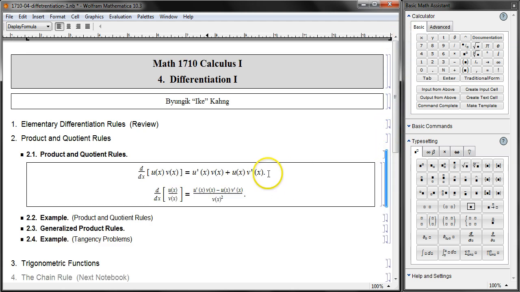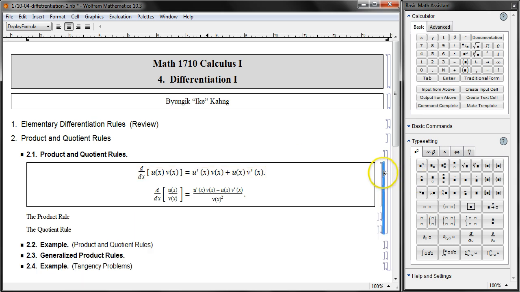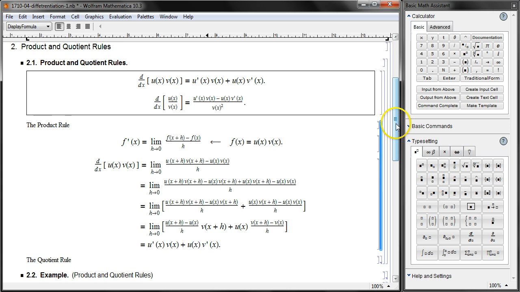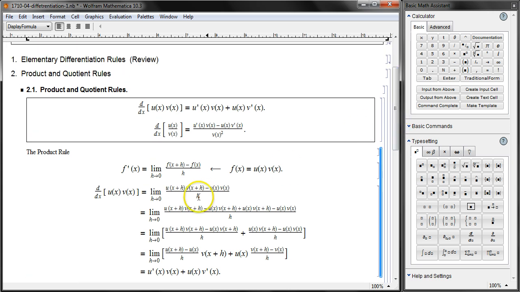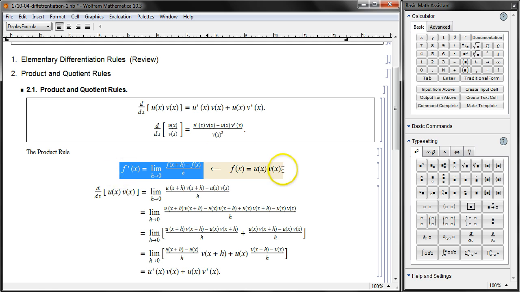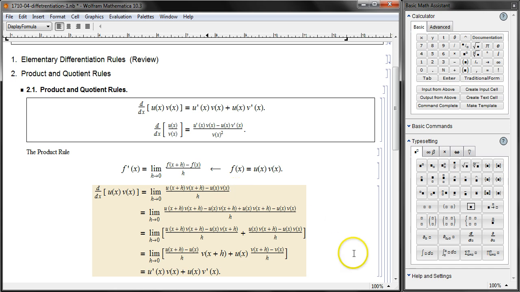Now, here's the product rule, and let's prove it here. We begin with the definition of the derivative using the Newton quotient, and we're going to put f as u of x times v of x. That's the first line. Looks like I'd better increase the font.